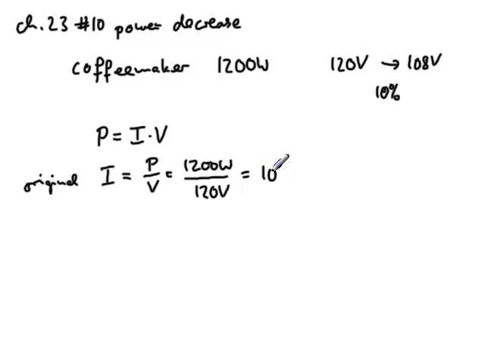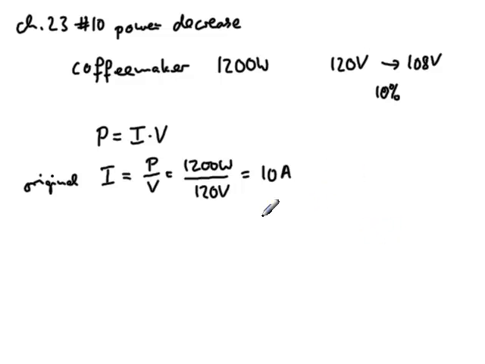Which is 10 amps. That makes sense because 10 amps times 120 volts is 1200 watts. Now what I could do is just take the 10 amps and multiply by 108 volts and come up with something. However, I'm just telling you that's not correct.